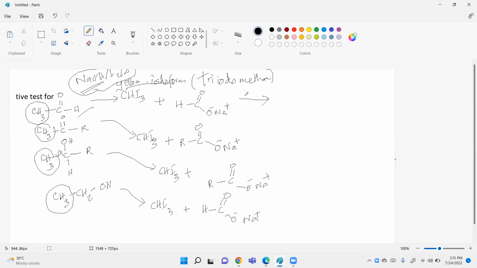If you add H2SO4, or let's say HCl, HCl is also okay. If you add HCl, then we get HCOO-Na+, the O-Na+ goes to OH, and then sodium chloride is formed, because this sodium goes with chlorine. So likewise, you just add HCl and you will get the carboxylic acid back.